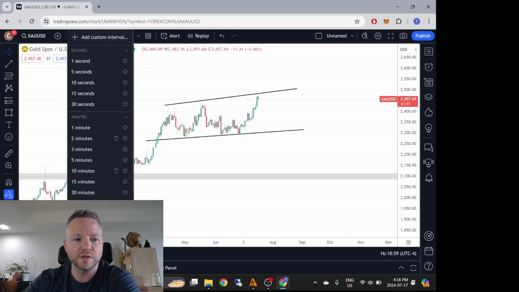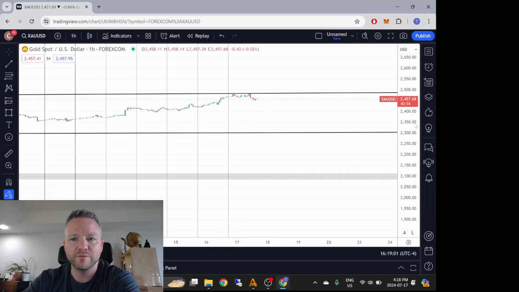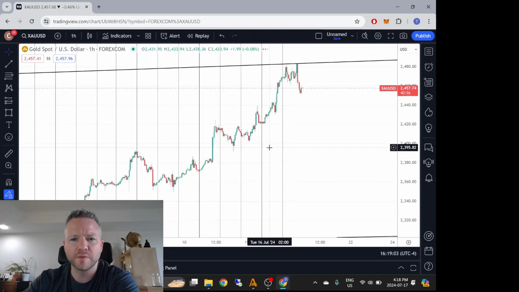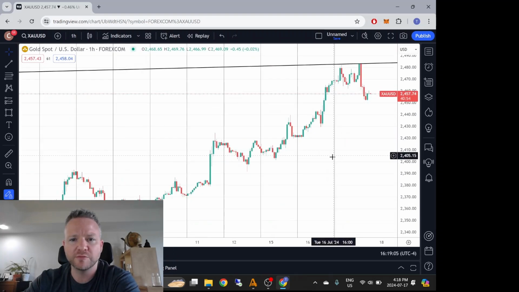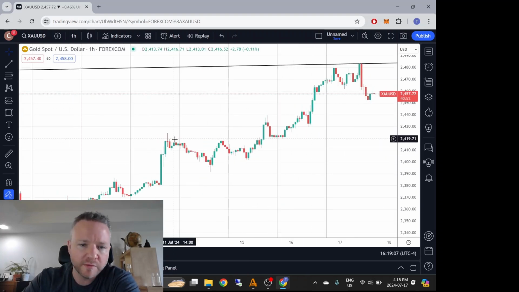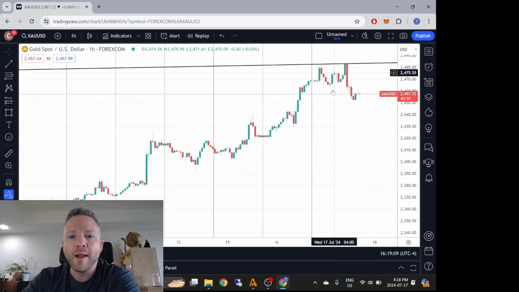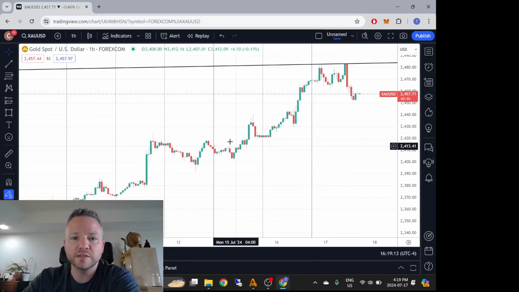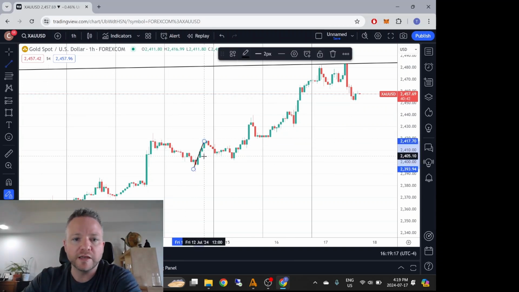But let's drop it down to, let's start with the 1 hour. I've got the period separators on here, so each column is a day. And here, and here, these three pushes up were all pretty nice.